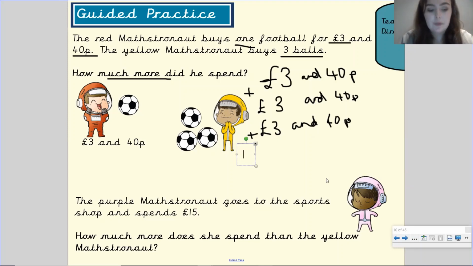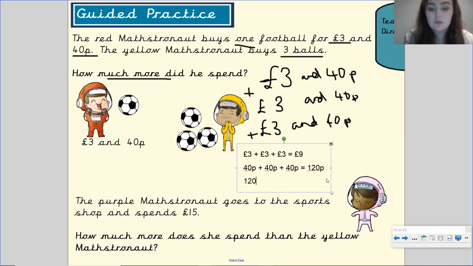Okay, so £3 add £3 add £3 equals £9. Well done if you got that. Then 40 pence, add 40 pence, add 40 pence equals 120 pence. Now we know 120 pence is going to be the same as what?